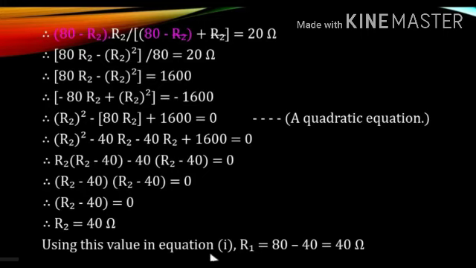Using this value in equation number 1, what is equation number 1? 80 minus R2. Now we have got R2. Putting that value of R2 in this formula, we will get 80 minus 40 is equal to 40 ohm. That means R1 is 40 ohm and R2 is also 40 ohm.